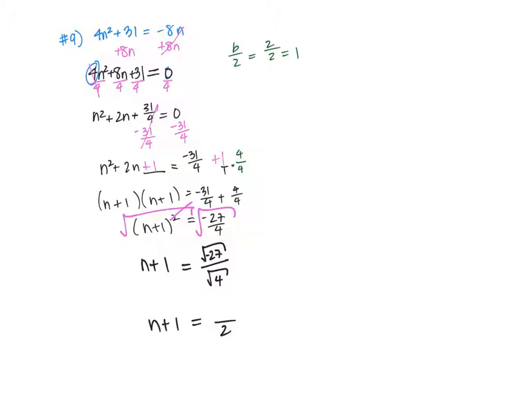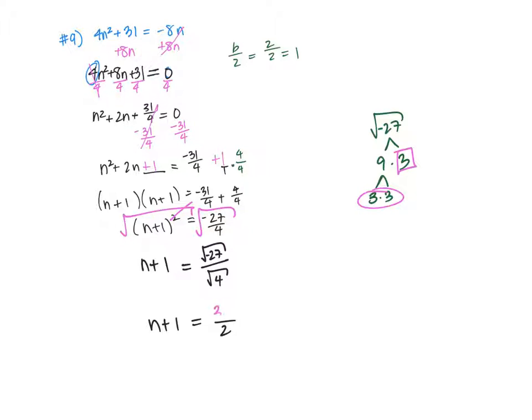The square root of 27 is 9 times 3. I can break that down. 27 is not a perfect square, so I'm making a factor tree. If you take apart 9, 9 is made up of 3 and 3, so then I have a pair of 3's and a leftover 3.